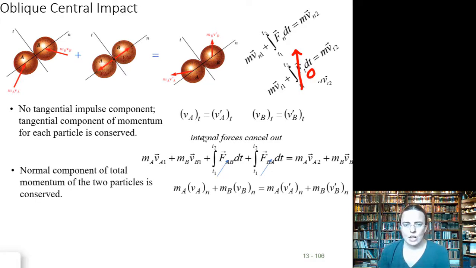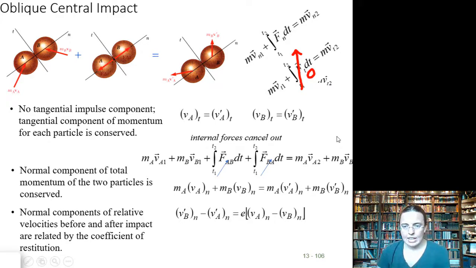So here is our conservation of linear momentum for this guy, but notice the direction on this. The change between this and the previous slide is that in this case, we are only looking at the normal component of those velocities. And combining this with our coefficient of restitution equation, we have two equations, two unknowns, and we can solve for outgoing velocities if we have the ingoing velocities.